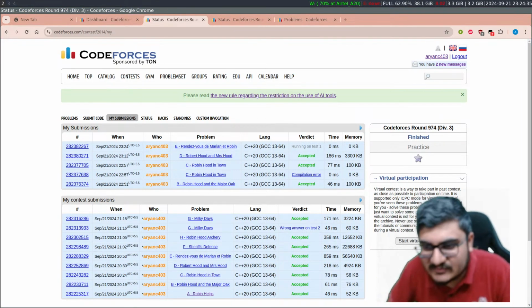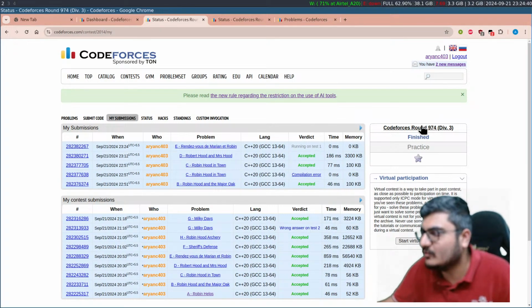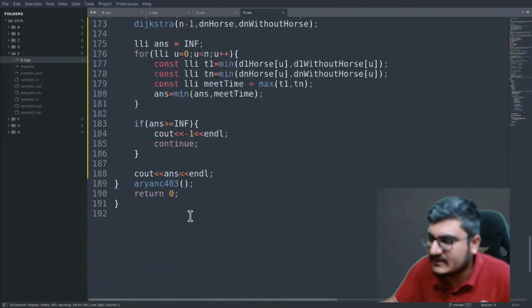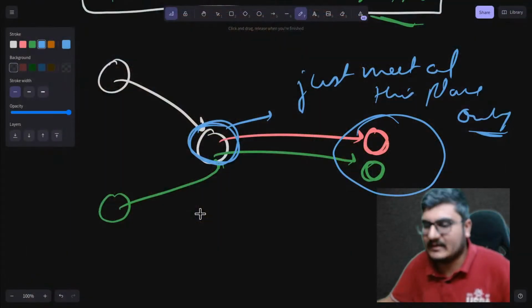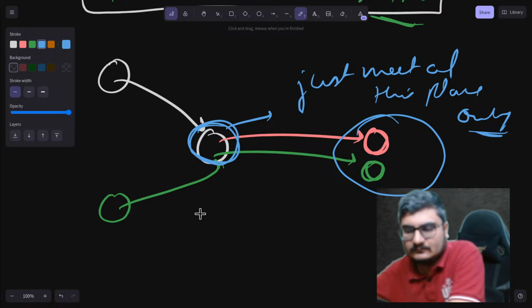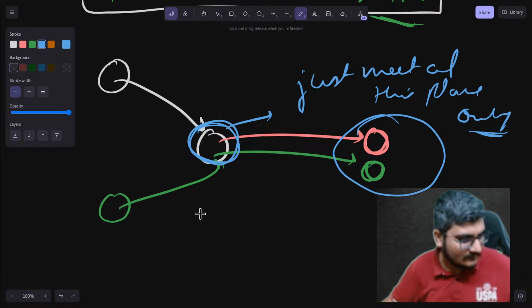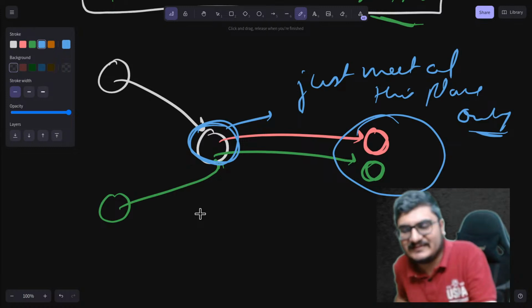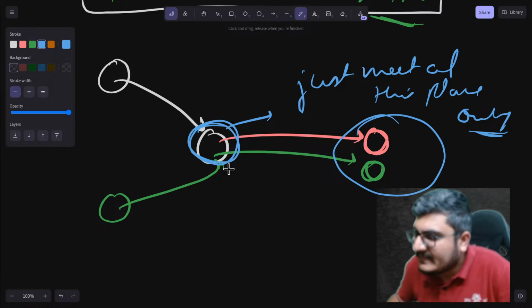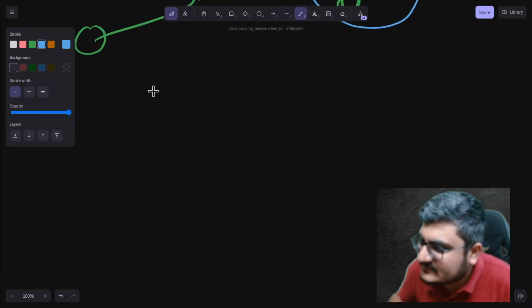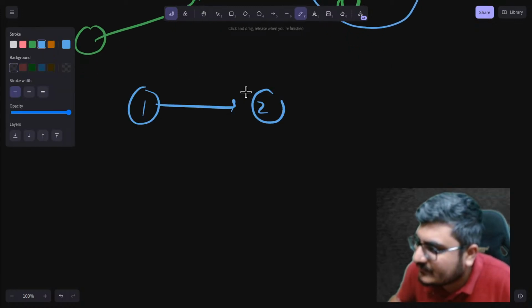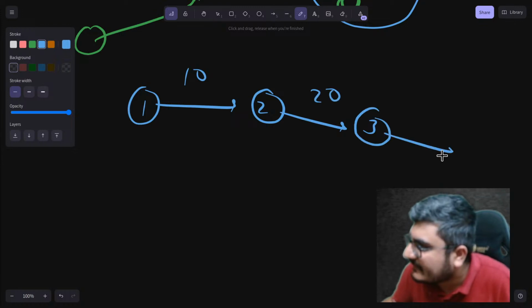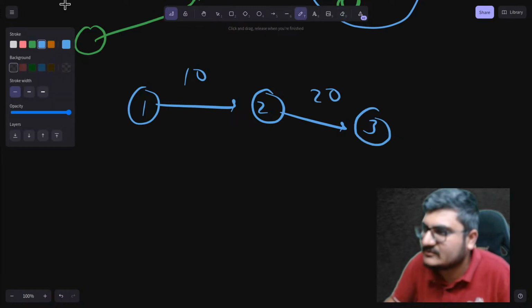There is one more thing: instead of using two vectors here, you can just create a graph of size 2n vertices. I will show you how. It's possible you reach some vertex faster than taking a horse there. For example, let's say we have this graph from 1 to 2 with weight 10, 2 to 3 with weight 20, and let's say vertex 2 contains a horse.